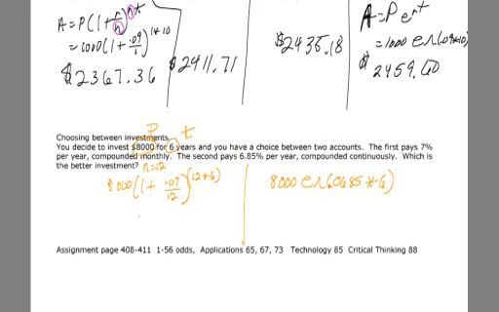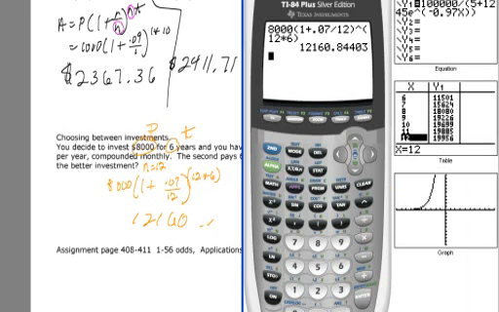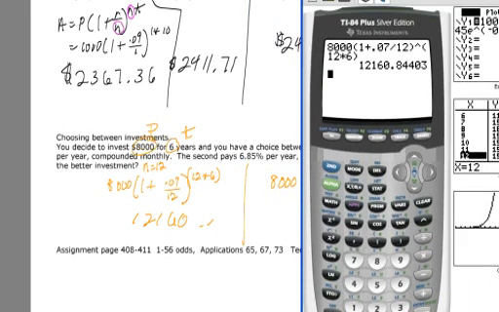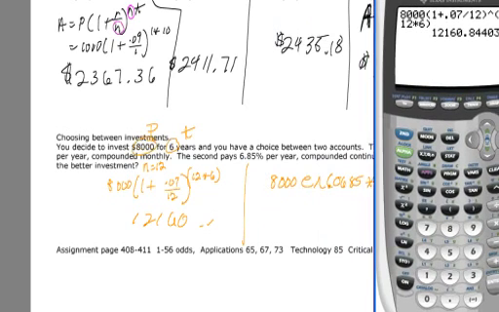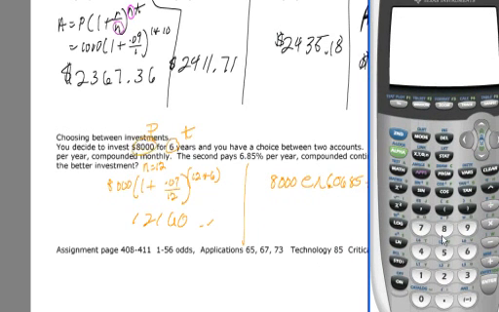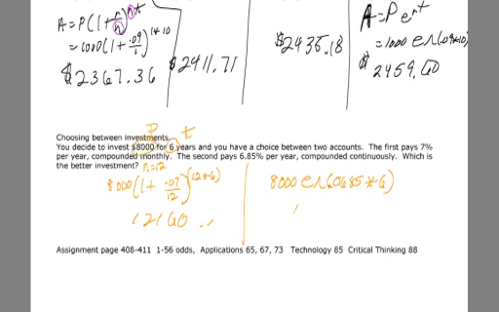$12160 plus some change. And this one is 8,000 times E to the 0.0685 times 6 years. 12066 and change.